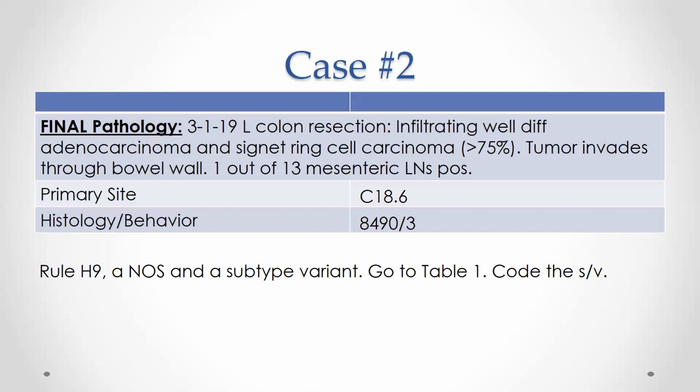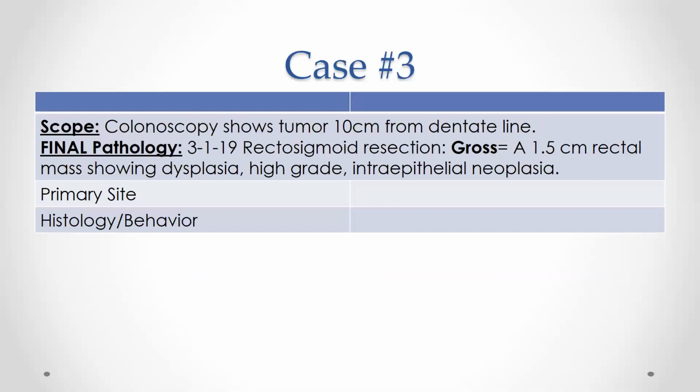Okay, case number 3. This was a colonoscopy, and there was a tumor found. The biopsy showed that they resected part of this rectal mass, and it showed dysplasia, high-grade intraepithelial neoplasia.